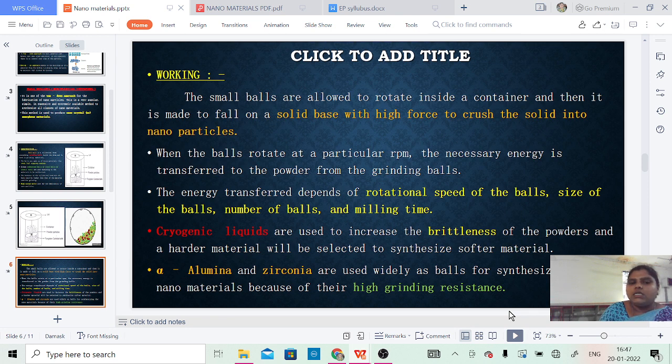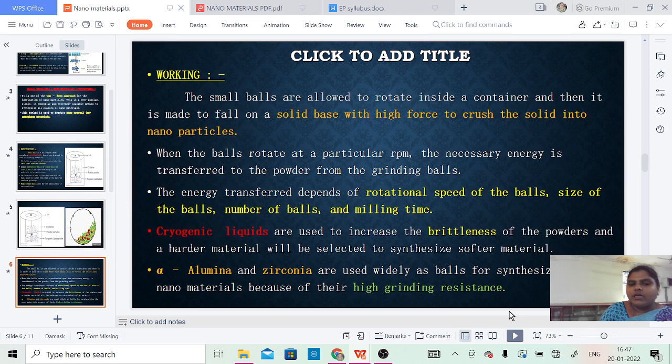When the balls rotate at a particular RPM, the necessary energy is transferred to the powder from the grinding balls. The energy transfer depends on the rotational speed of the balls, size of the balls, number of balls and milling time. So how much energy, that depends upon all these terms.